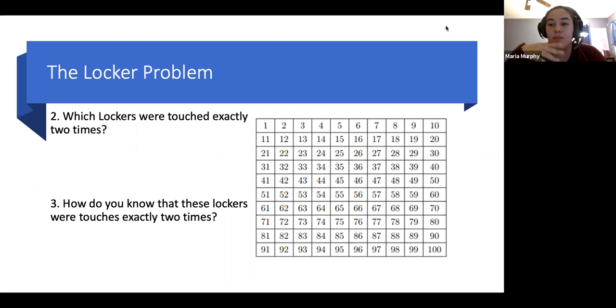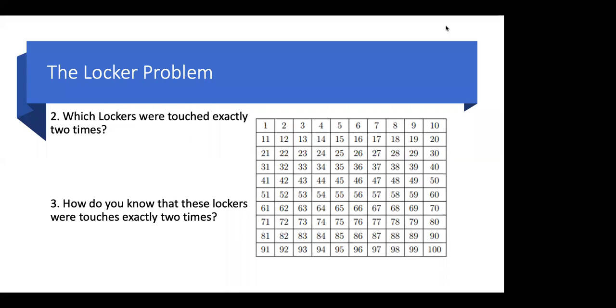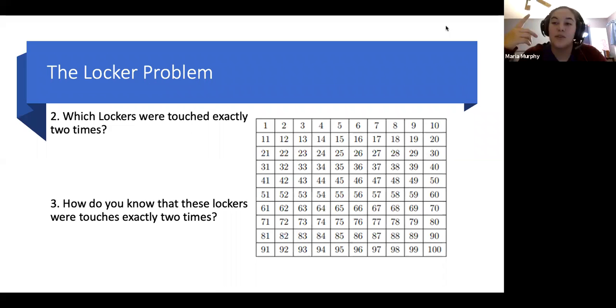Because you don't want them being touched more than twice. So what numbers do you think only get touched once? Think about that, and then think about what numbers get touched only twice.